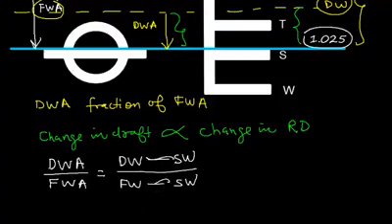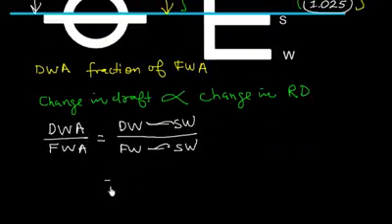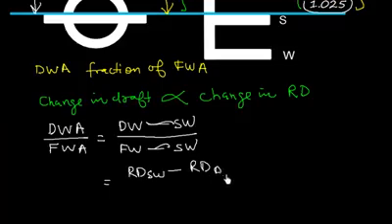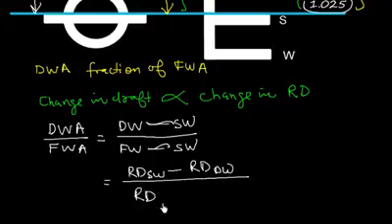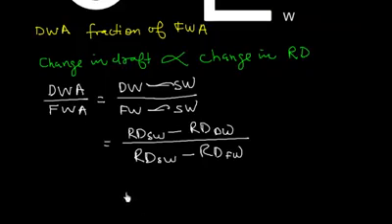Or simply I can write: RD of salt water minus RD of dock water, divided by RD of salt water minus RD of fresh water. Well, it is the difference, so whether I subtract from fresh water to salt water or from salt water to fresh water, it is going to remain the same.